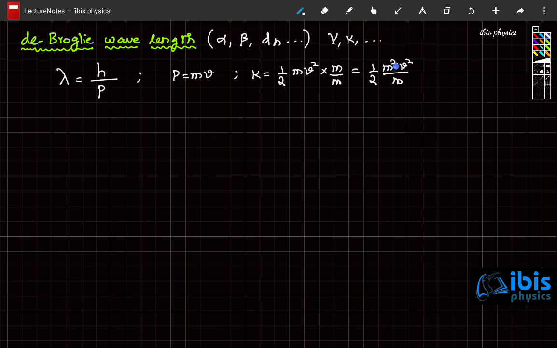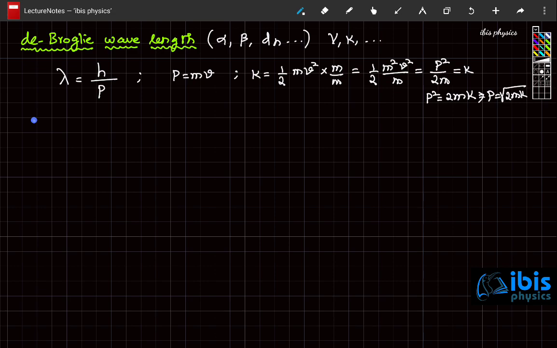But mv is momentum, so m square v square is the square of the momentum, and it becomes p square by 2m. So p square by 2m is kinetic energy, which means p square is equal to 2m into kinetic energy, and the momentum p is equal to the square root of 2m into kinetic energy.